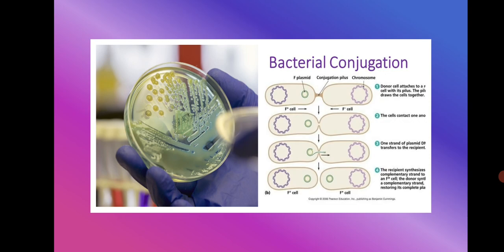In the F plus cell also, the plasmid undergoes replication and again forms its own double stranded plasmid. This is how bacterial conjugation takes place, and the genetic material is transferred from the F plus cell to the F minus cell.